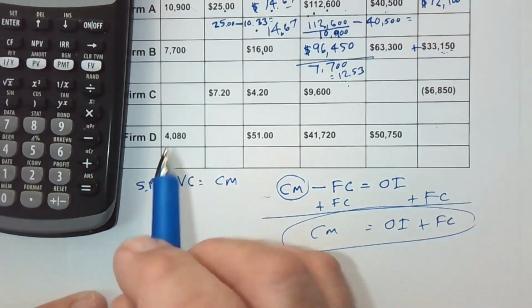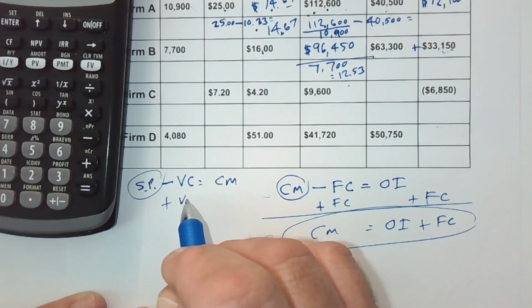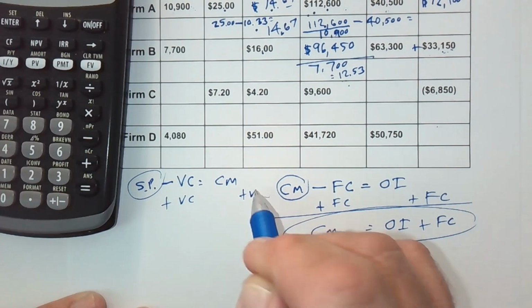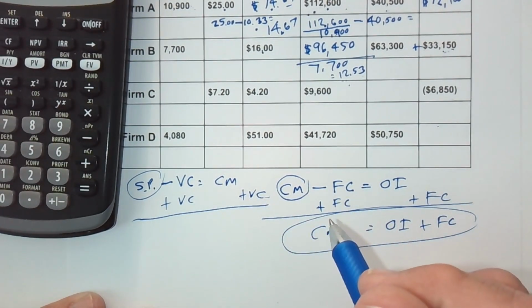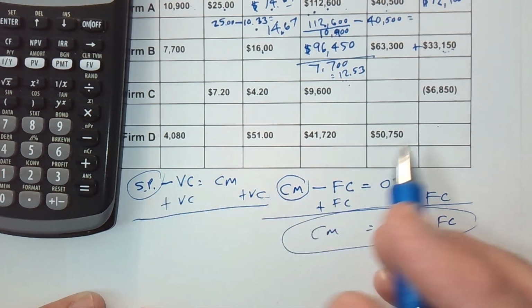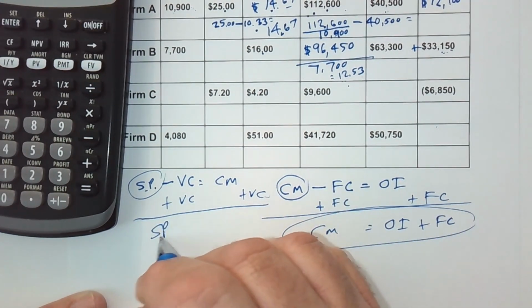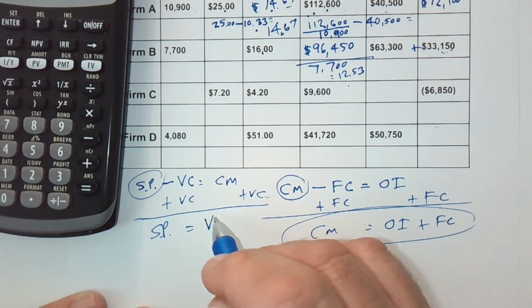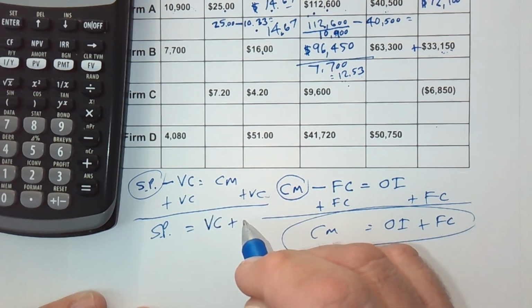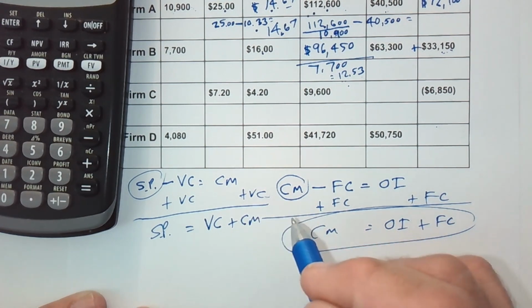I'm going to work backwards to find the selling price. I'm going to add the variable cost to the contribution margin per unit to find the selling price. So selling price is equal to the variable cost per unit plus the contribution margin per unit.